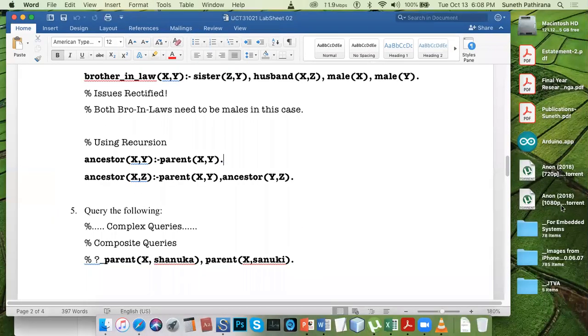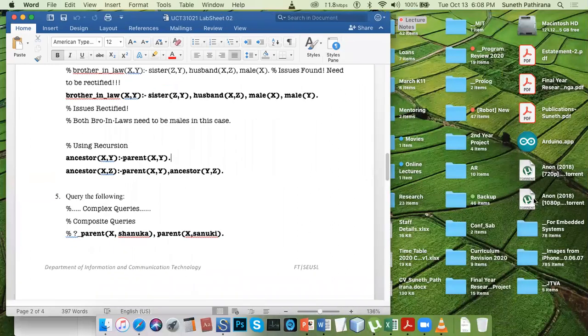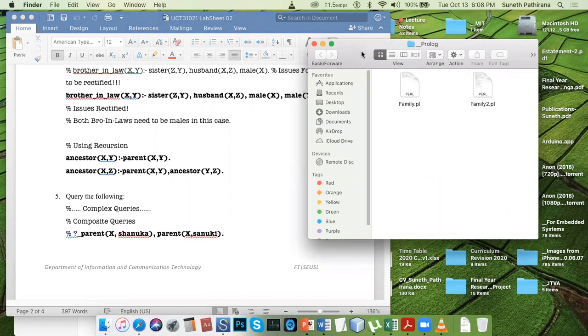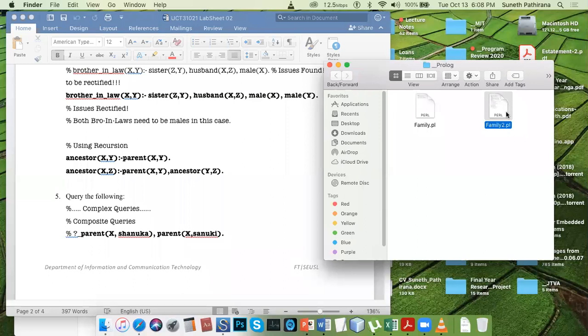We need to find where we have saved the Prolog file. Yeah, here is the Prolog. I take a copy, say family ex, it is family extended.